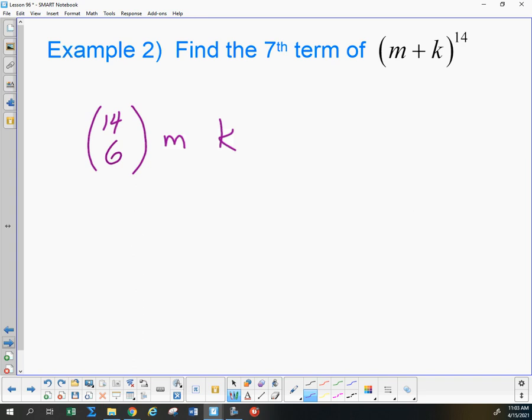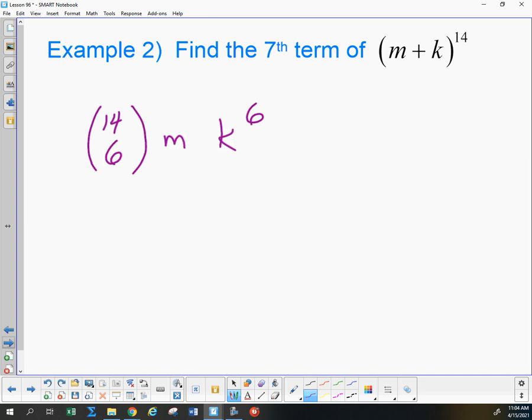And the 6 also goes where, Reagan? Where else do I put a 6? So I put a 6 in the bottom of the combination notation. Where else do I need a 6? On the k. Just like before, that last exponent is one less than the term number.